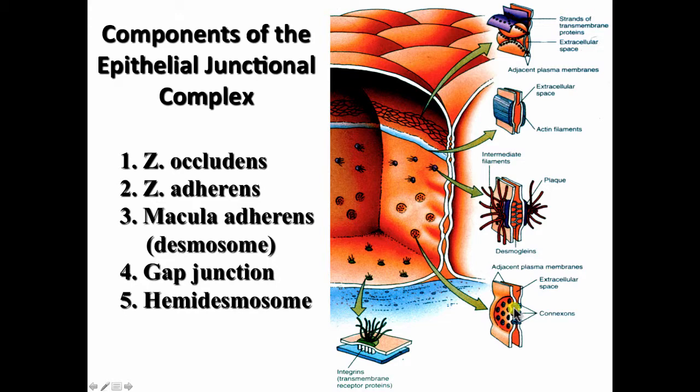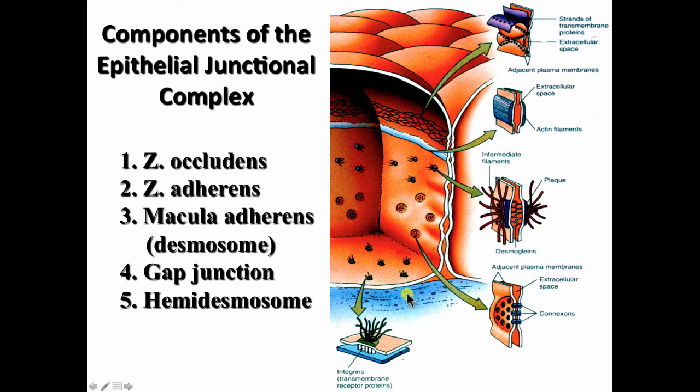When these 6 protein subunits are arranged in the plasma membrane, there is a little channel through them, and the connexon in one plasma membrane lines up with the connexon in another plasma membrane, forming a channel between adjacent epithelial cells through which molecules up to about 1500 Daltons can pass.